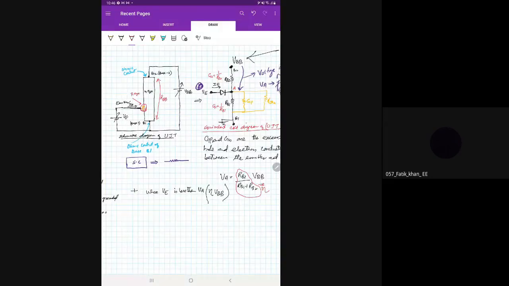So when VE is less than eta times VBB, when VE is less than VA, then what is the emitter junction state?